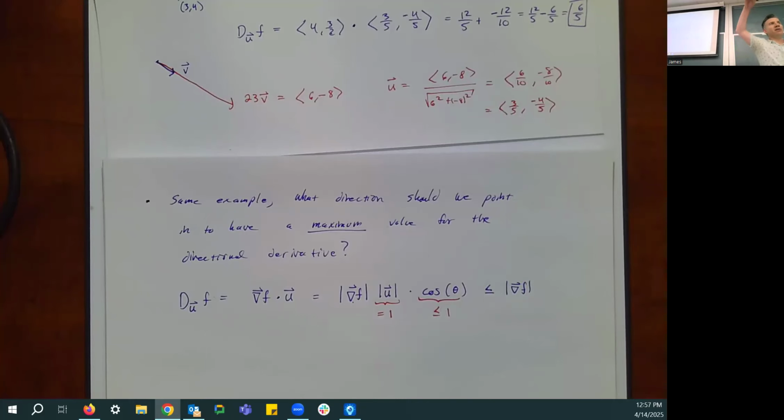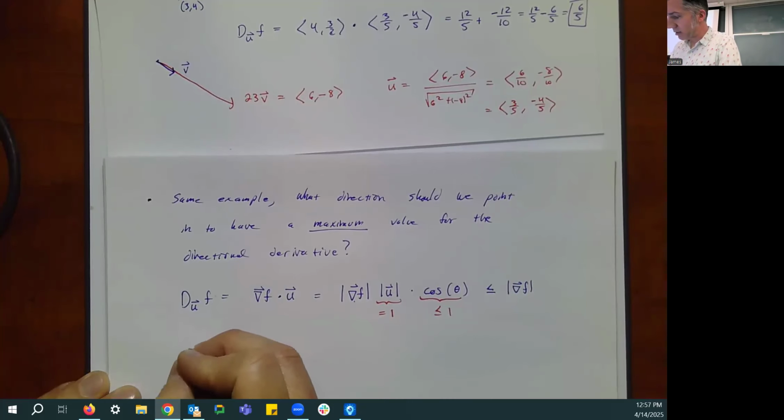Because if you're thinking about being on a hillside, you could be going directly up the hill, or going to the side, like doing a switchback and going up very gradually, or even turning around and going down the hill where your derivative is negative. So the direction where the derivative is the biggest it can be is the direction of the gradient vector.